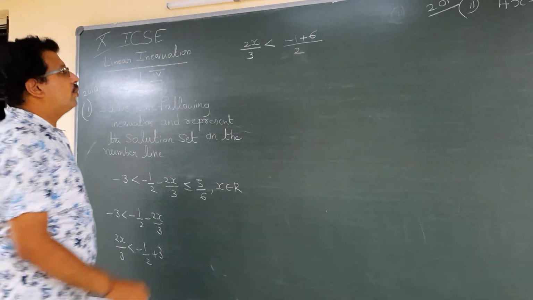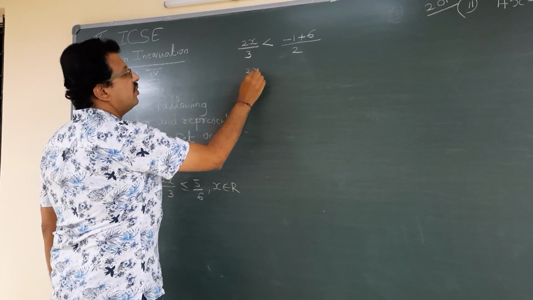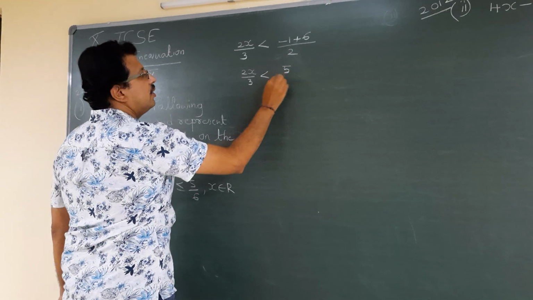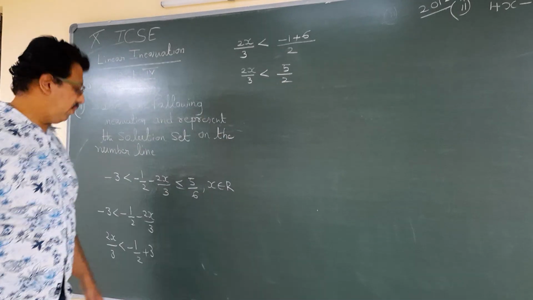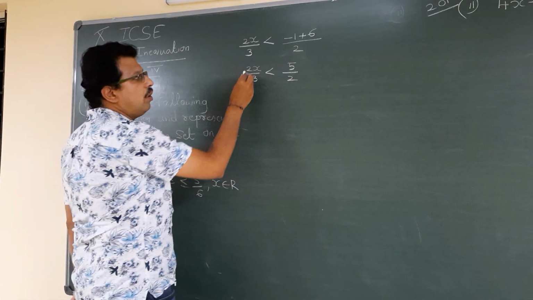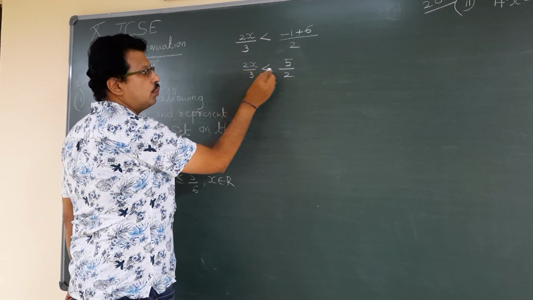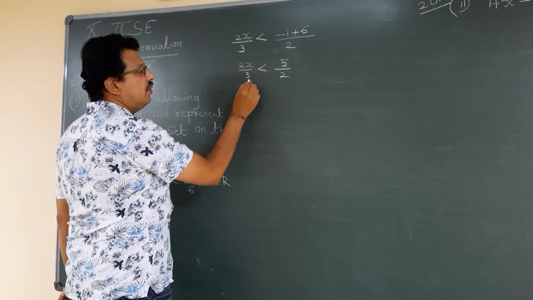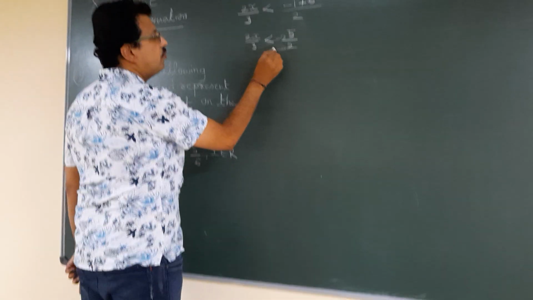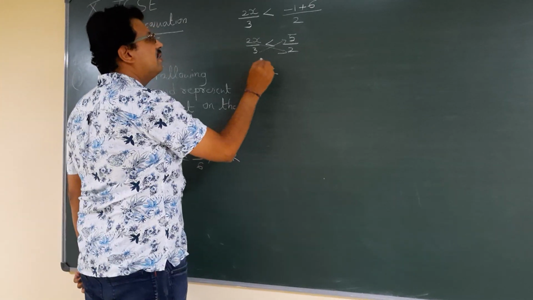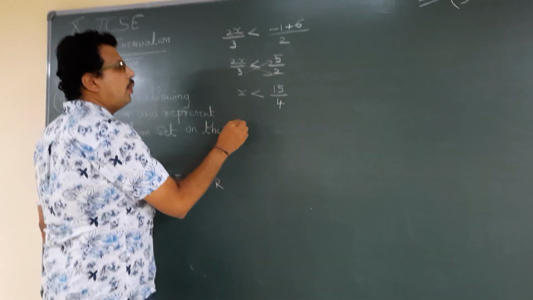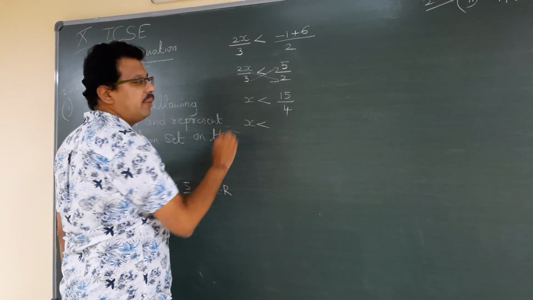So 2x by 3 is less than 5 by 2, as you know very well. 5 by 2 is 2 and a half. We can bring all the numbers to one side by cross multiplication: 3 fives are 15, 2 twos are 4. So x is less than 15 by 4.